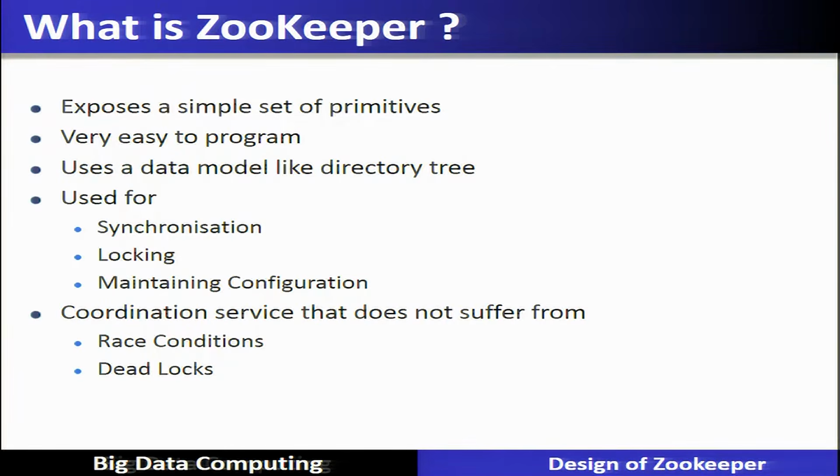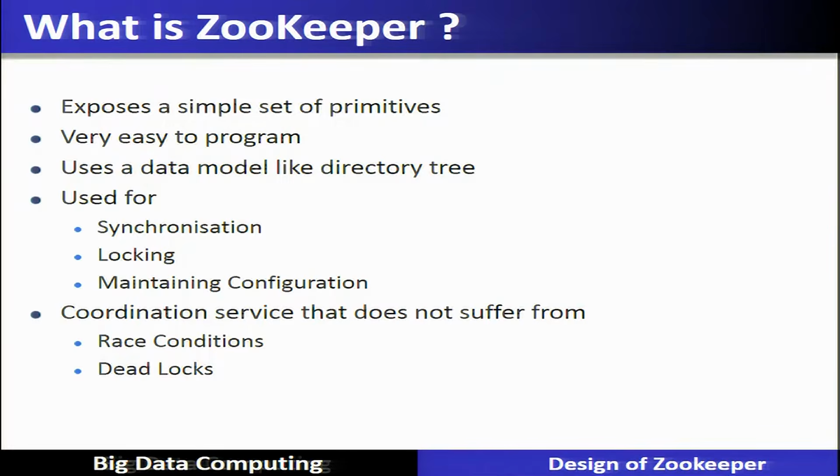It is very easy to program, uses a data model like a directory tree, and is used for synchronization, locking, and maintaining configuration. The coordination service should also not suffer from race conditions and deadlock, though it has to provide the synchronization, locking, and maintaining the configuration as a service.